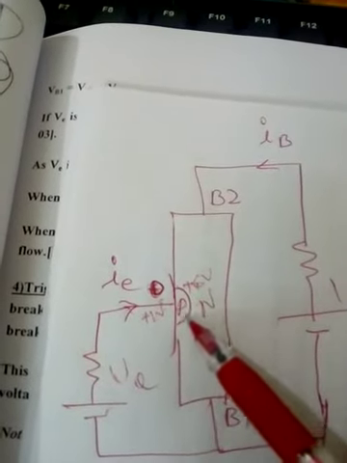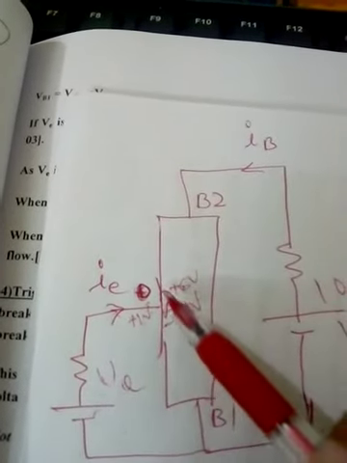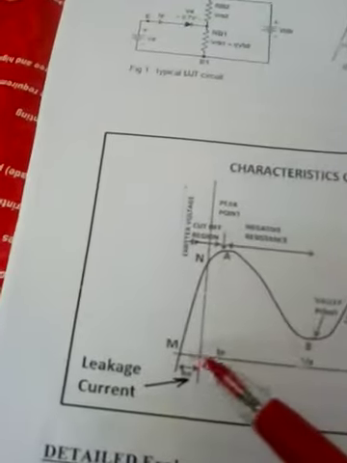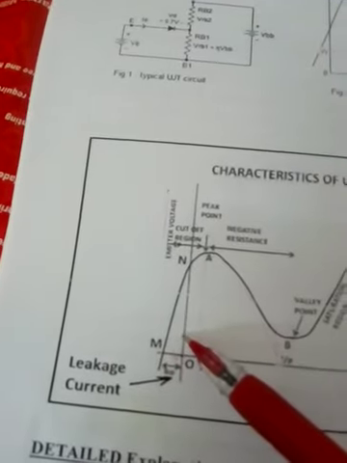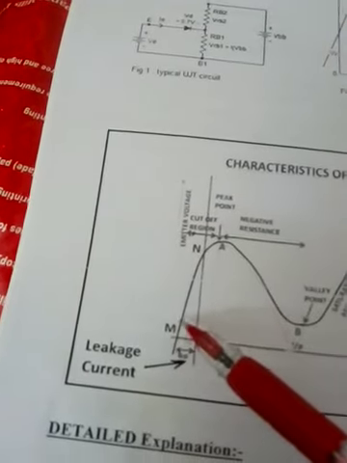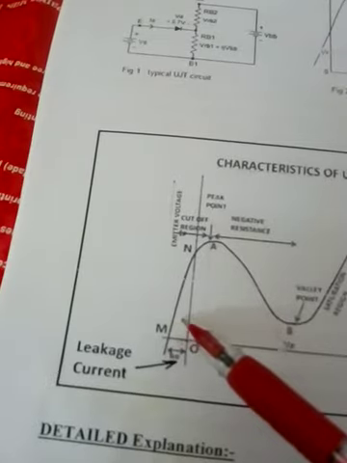So the net reverse biased voltage is 5 volts. Since the reverse biased voltage reduces, the leakage current also reduces. So for 1 volt of emitter voltage, the reverse current will be only this much.